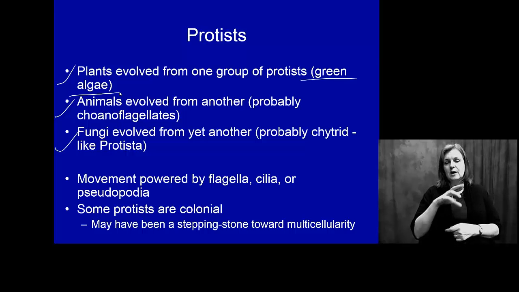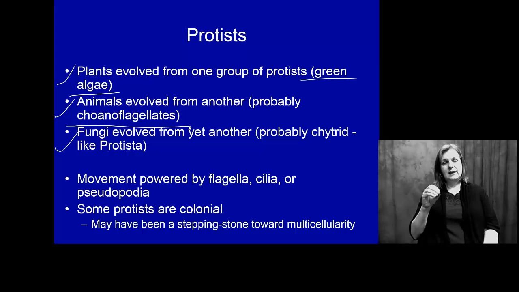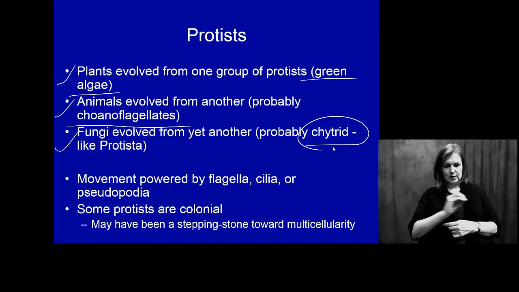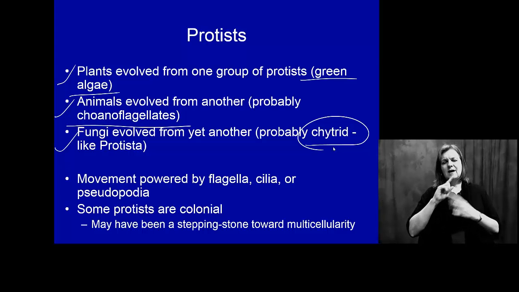We can look at many of these green algae falling into this group. Animals, probably from a group known as choanoflagellates, and then fungus, probably from a group known as chytrids. And so when we look at those types of organisms giving rise to great diversity in our tree of life, protists are this fundamental common ancestor for all of us.